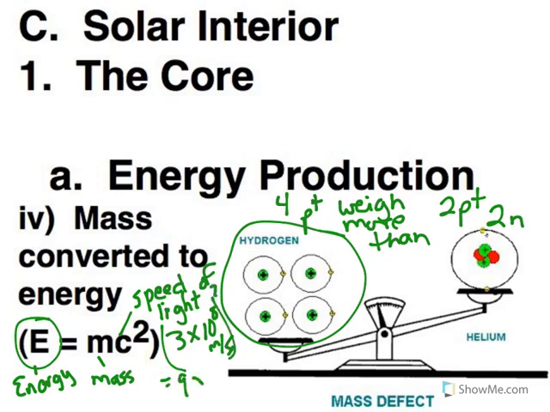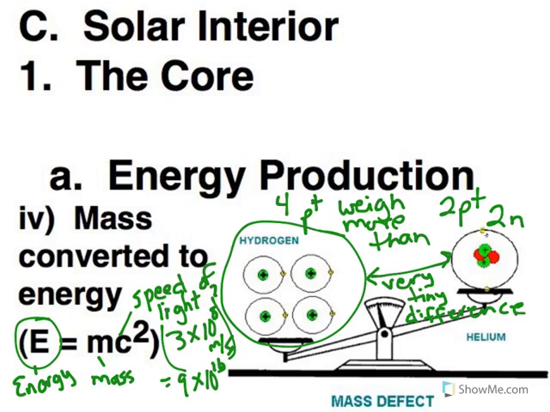So that's 9 times 10 to the 16th, which is a big number. So it does not take very much mass to get a huge amount of energy. And the mass difference here between the two is a very tiny difference. This picture kind of over exaggerates what's going on here. But that very tiny difference in mass is enough to produce a huge amount of energy.